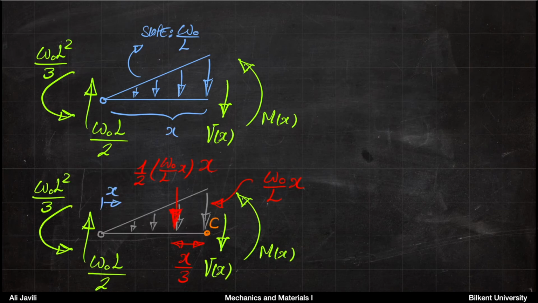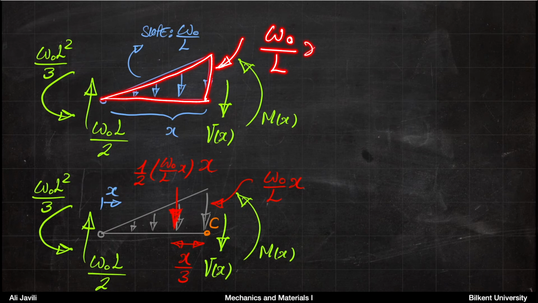Now again, you have here a triangle. The slope of the line is W0 divided by L. So basically that tells you if you cut it at the distance x, the height of that triangle would be W0 divided by L times x. So this is the height of the triangle.